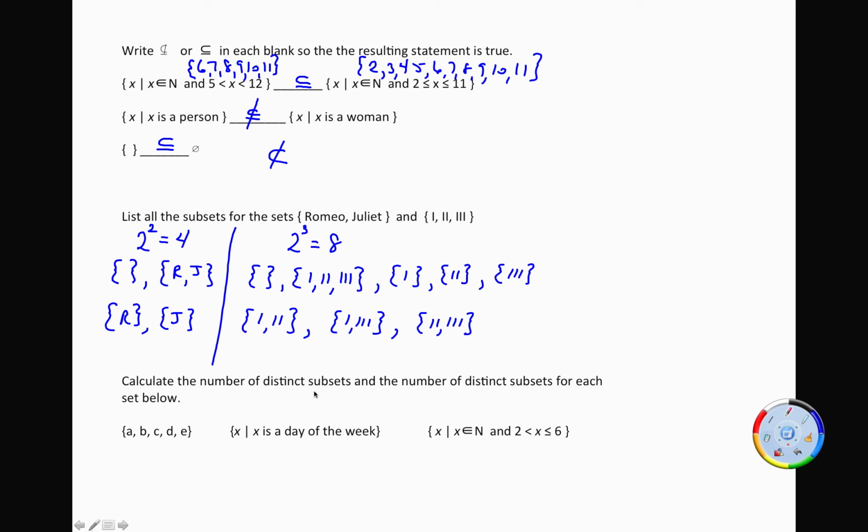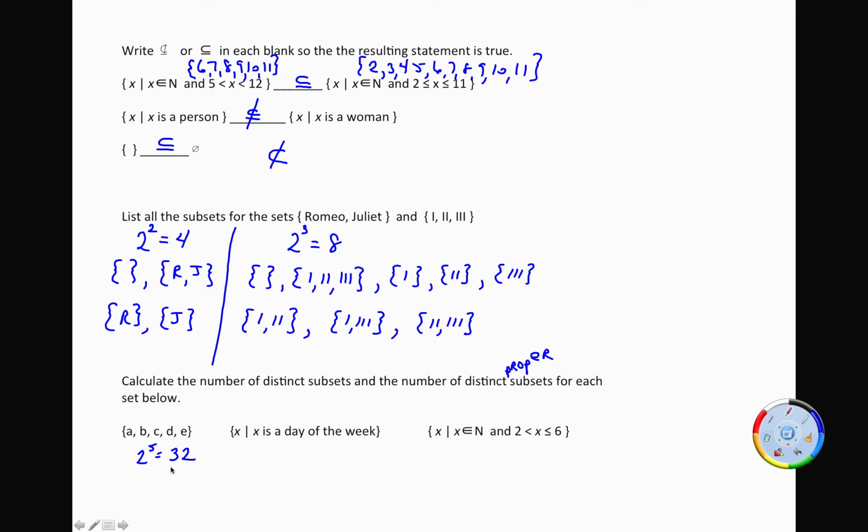Okay, calculate the number of distinct subsets and the number of distinct, I think that's supposed to say proper subsets. So distinct subsets and distinct proper subsets for each set below. Excuse me, 1, 2, 3, 4, 5 elements. So 2 to the 5th is 32. Right?